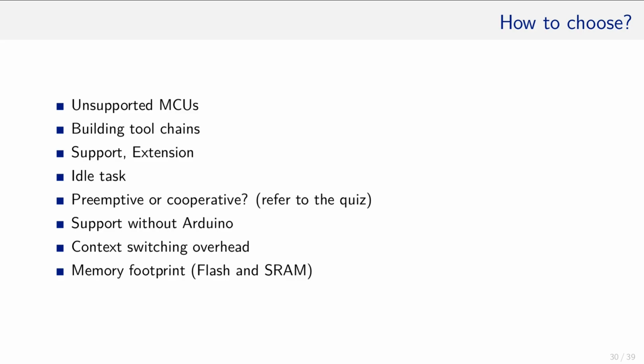In addition, how easy is it to extend the functionality of the scheduler, and is the developer still around if help is required? Also, is a preemptive or cooperative policy or something in between or entirely different better for the project to be realized? Have a look at the quiz after the session, showing one advantage of a specific policy.